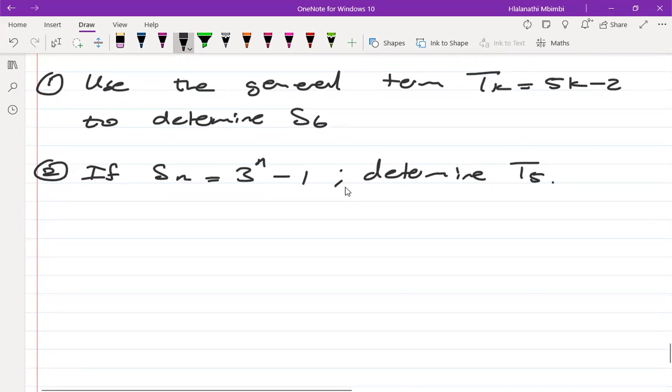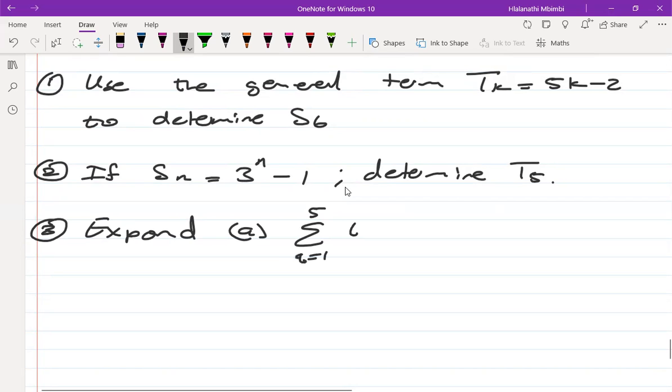And then the third one is just to get a sense that you understand what's going on here. Expand this sigma notation. When I say expand it, I mean, for instance, this one would be 1 to the power 3, 2 to the power 3, 3 to the power 3, 4 to the power 3, and 5 to the power 3.